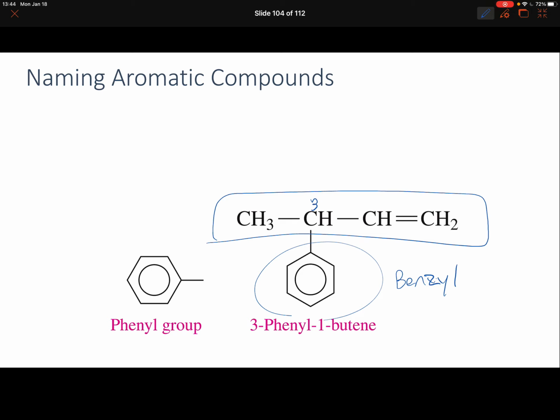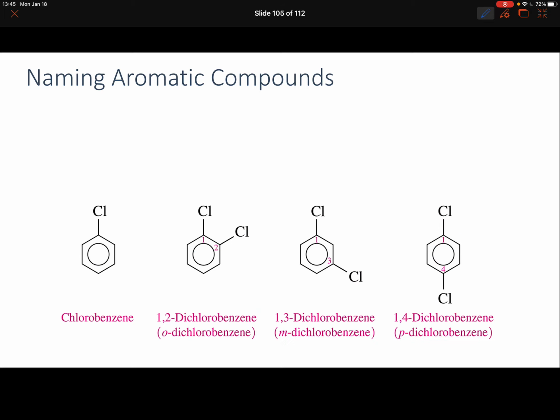A benzene is not a benzyl. Benzyl is actually reserved for this guy. So if there was no bond here, a CH2 with a benzene all together as a substituent is called a benzyl. But when it's just the benzene group, we call it a phenyl. So don't let that name trip you up.